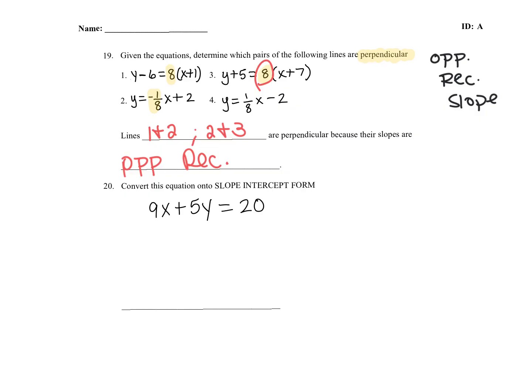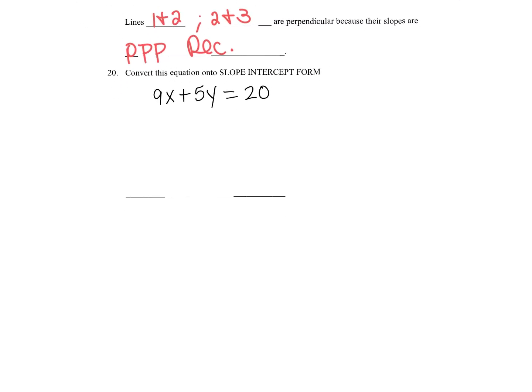What's up? You may. All right, last question. Converting this to slope-intercept form. What form is this in right now? Standard form, which says ax plus by equals c, right? When something's in standard form, what's the first thing to turn it into slope-intercept form? Get rid of this part right there, right? So to get rid of the 9x, since it's positive, we will subtract 9x on both sides.